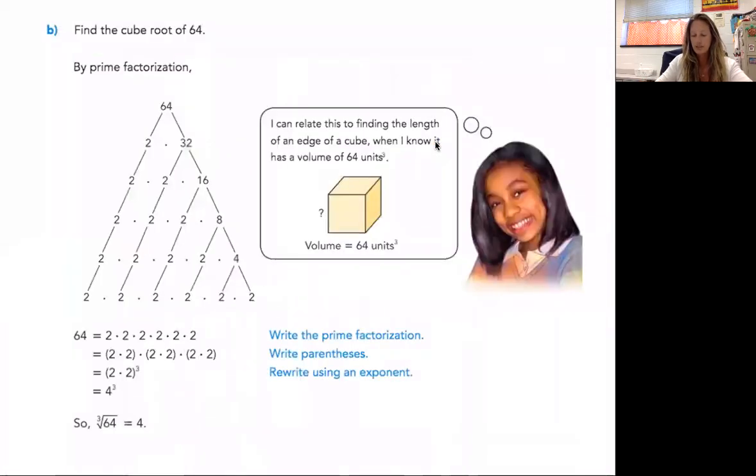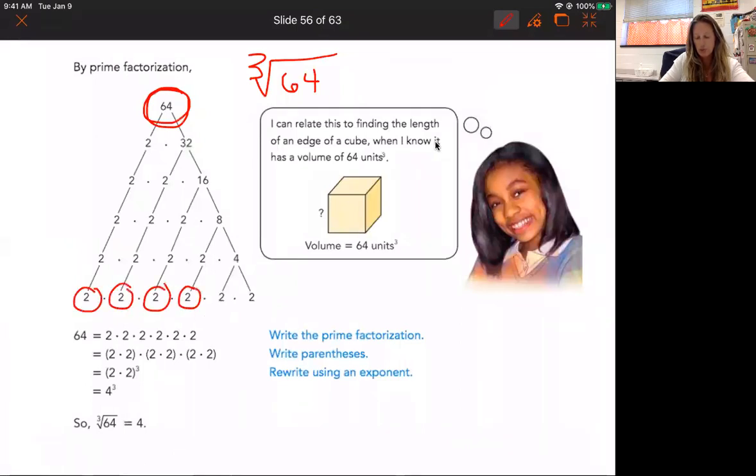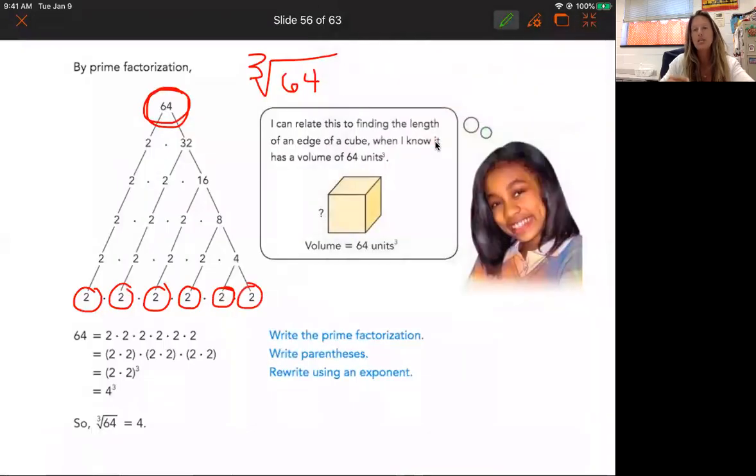And let's try some other ones here. This is where they're showing you the prime factorization, and I want to point this out. If you want to find the cubed root of 64, you do your prime factorization, so you're going to end up with 2, 2, 2, 2, 2, 2. I need to split them up into 3 identical groups in order to get to that 64, because it's 3 identical things multiplied together to get to 64.